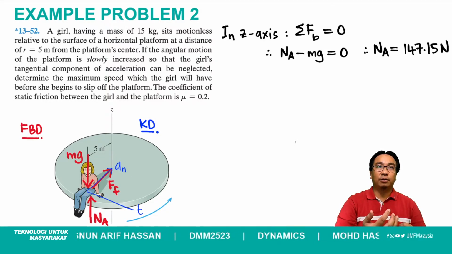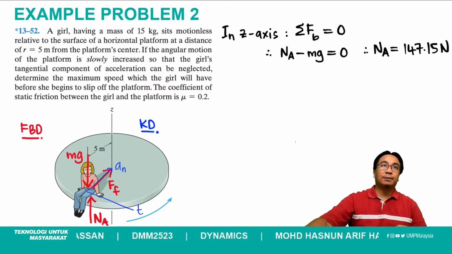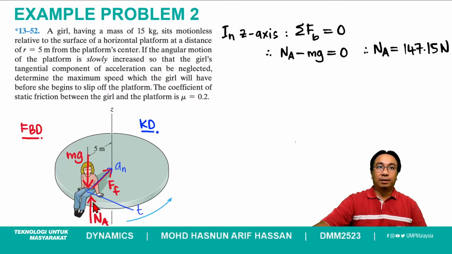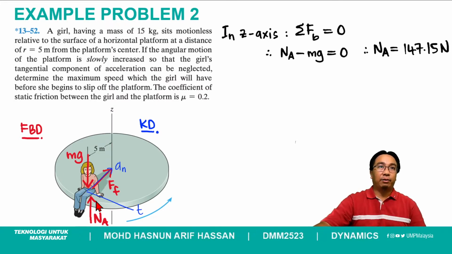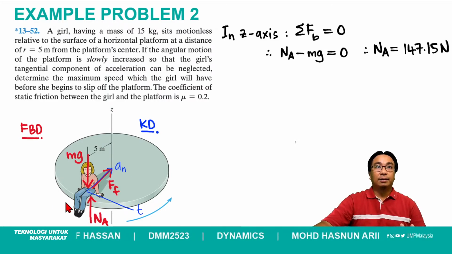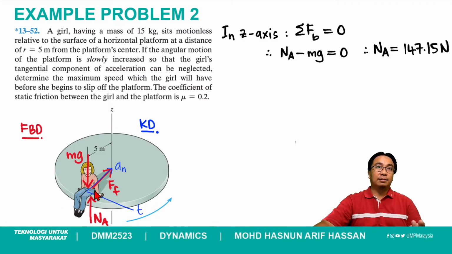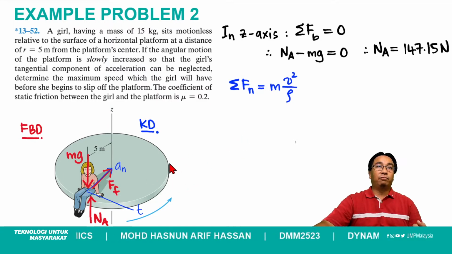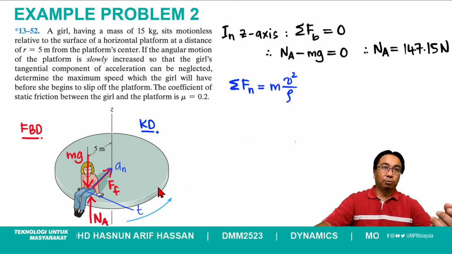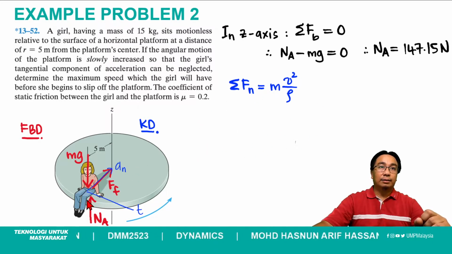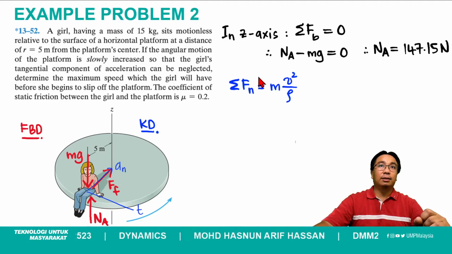Do you understand what I'm saying? If the girl is in contact with the platform, there will be a normal force, Na. But when the girl is slipping off the platform, then the normal force will be equal to 0. But okay, let's look at the forces in the normal axis first.